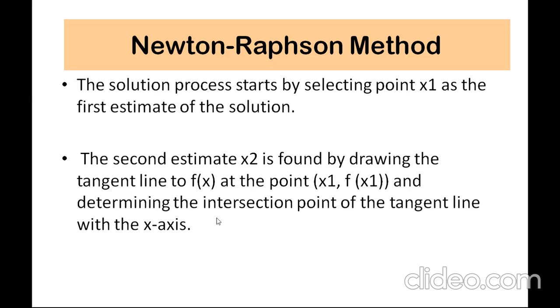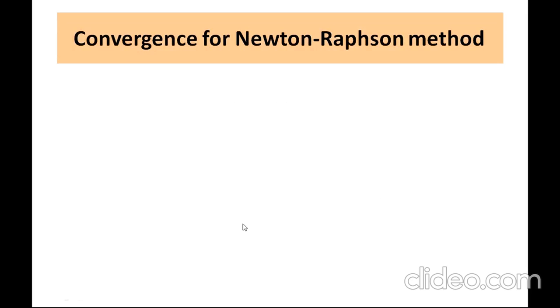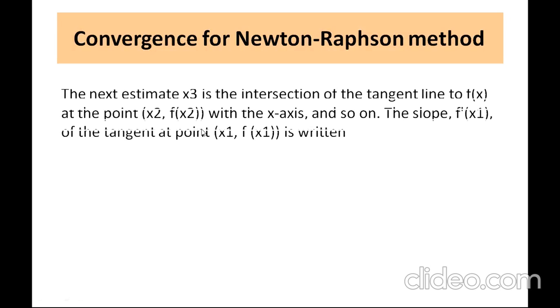As shown in the figure, we get the point x2, which is the next iteration solution. Now check the convergence criteria. The next estimate x3 is the intersection of the tangent line to f of x at the point x2 comma f of x2 with the x-axis, and so on.